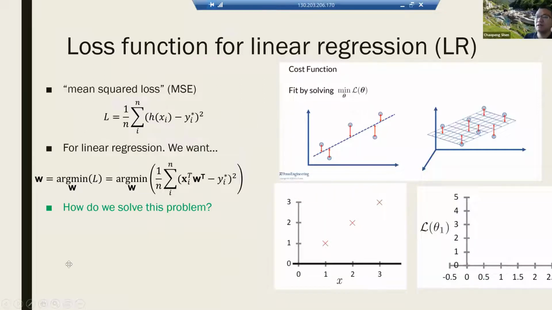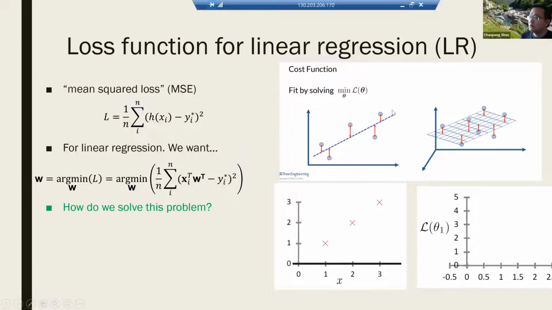A very common loss function. Now, there's more than one loss function, but a very common one would be mean squared loss. In this case, you have H, the model prediction, minus y star, which is the observed value, and you take a square, and you sum up all the data points. You take the mean of it. So imagine you are fitting a line.